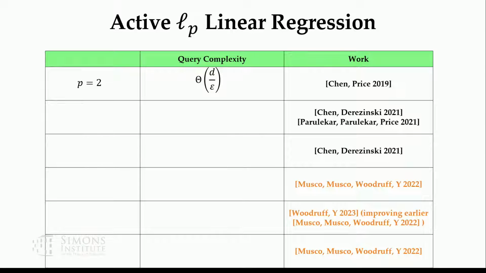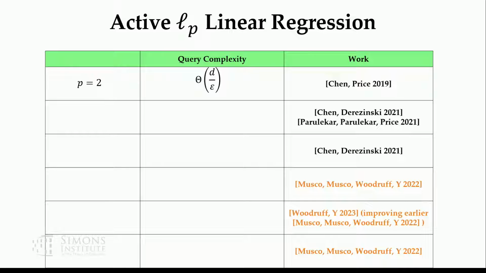So what is known about active LP regression? Using classical techniques in randomized linear algebra, it's not hard to get, for least squares regression, p equals 2, a bound of d log d plus d over epsilon. You can show that just sampling according to the leverage scores of a matrix gives this bound.